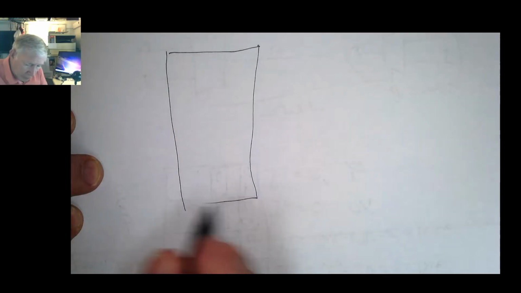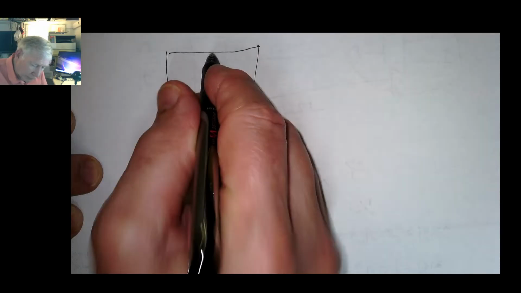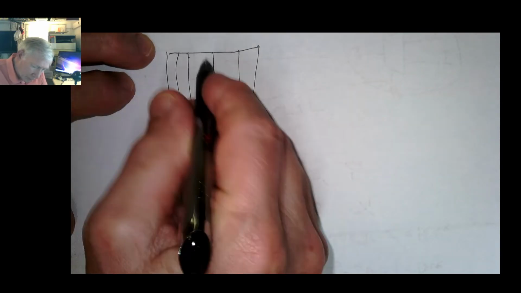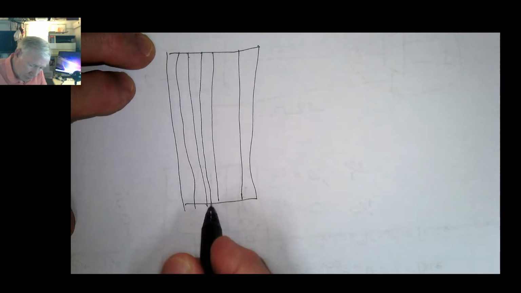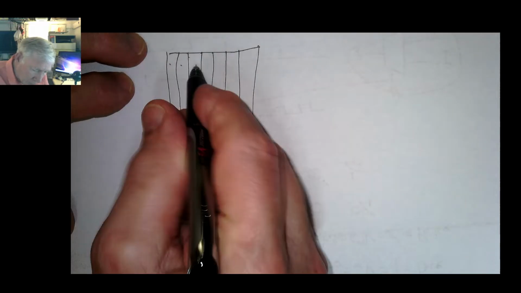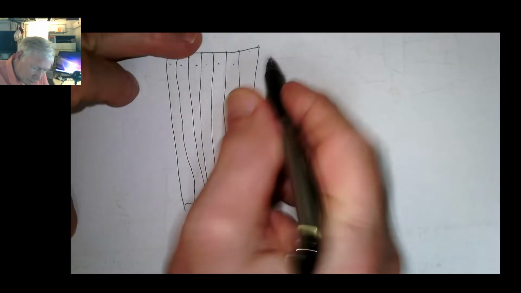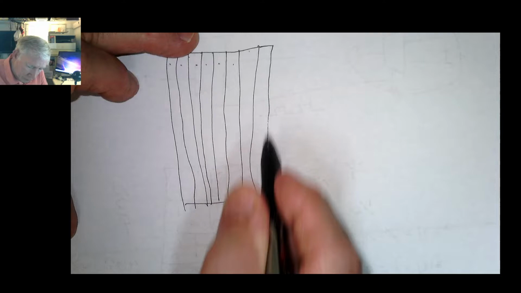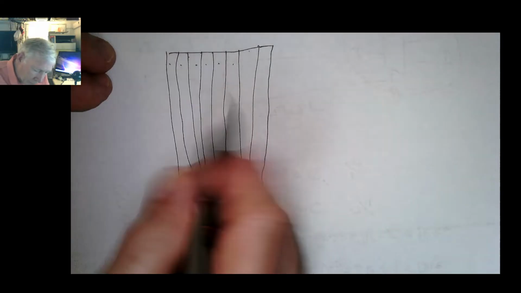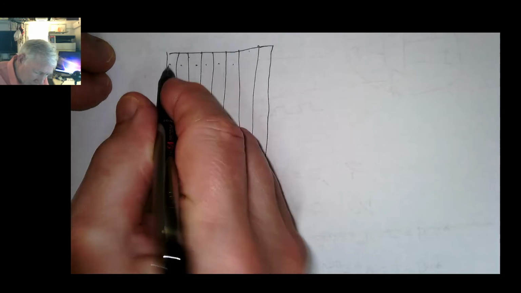In this case, let's say we have 8 columns. I'm not drawing these very accurately. I'm having a bit of a problem here. 1, 2, 3, 4, 5, 6, 7, and we need one more, and I didn't leave enough room for that. Okay, and then we have a whole bunch of rows.